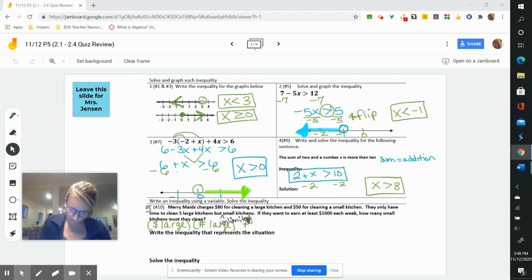Then we would add the amount they charge for a small kitchen. Again, multiply that times the number of small kitchens. And that amount needs to be at least whatever their total goal is.